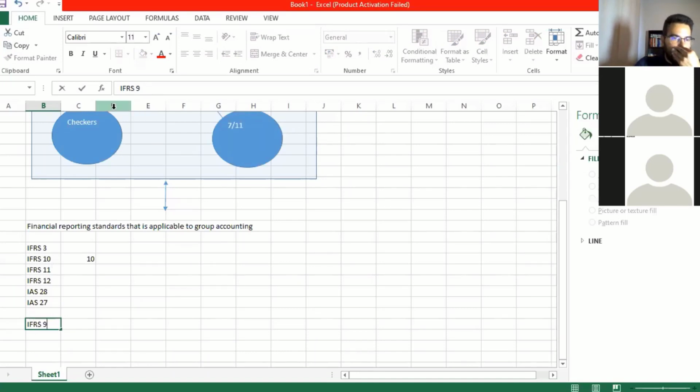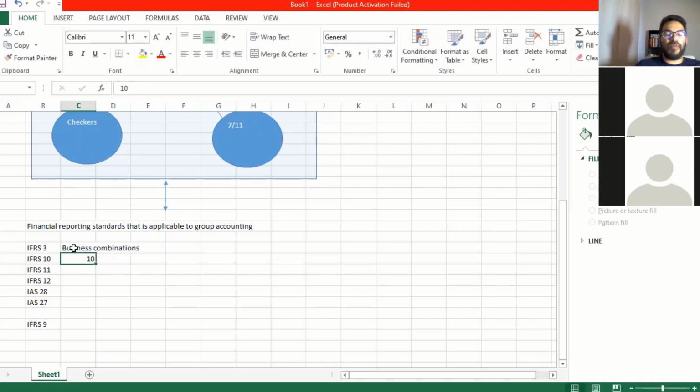So let's understand, what does IFRS 3 deal with? IFRS 3 deals with business combinations. Business combination deals with group accounting at acquisition. So that's very, very important.